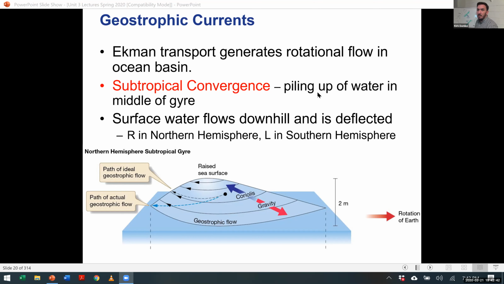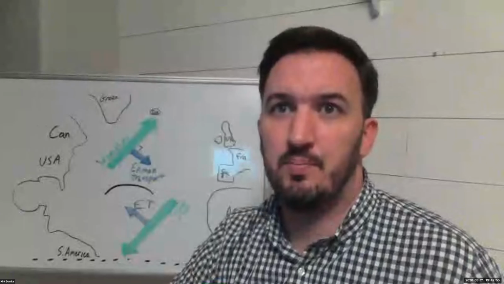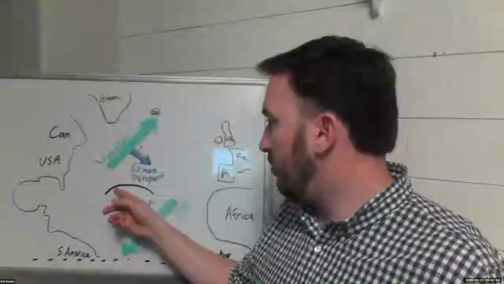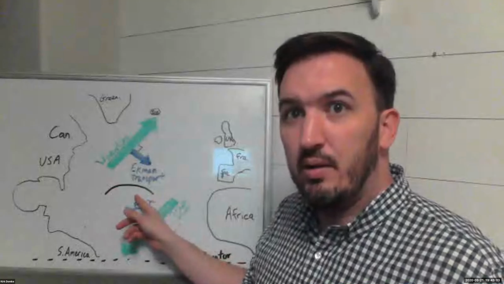We get a mound of water, a big hill of water in the middle of the gyre.